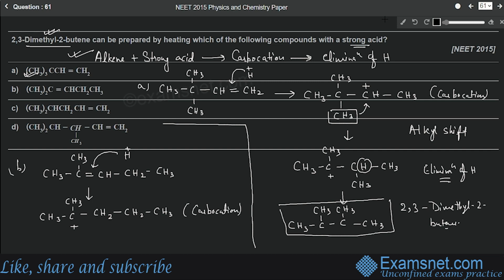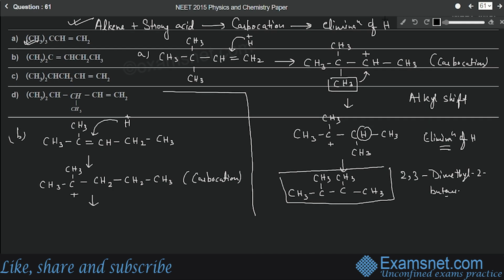The process is the same as the first one. But in this case, there is no alkyl shift because there is no alkyl group present adjacent to the carbocation. So here there will be direct elimination of hydrogen. So this hydrogen will be eliminated. So CH3, this is CH2, this will become CH2, then C, CH3, CH2, CH2, and then CH3.